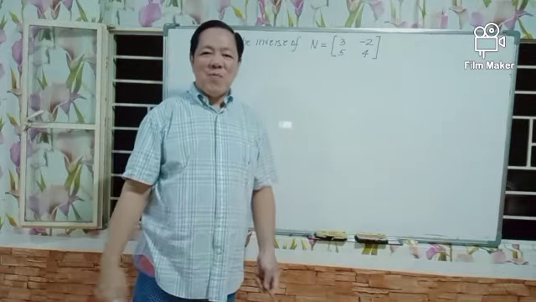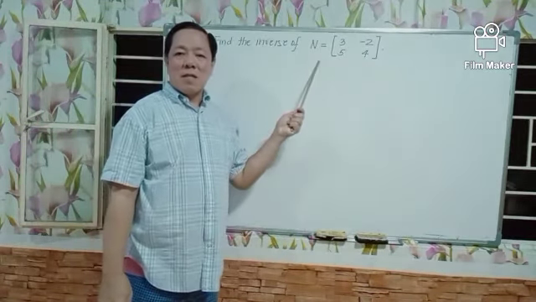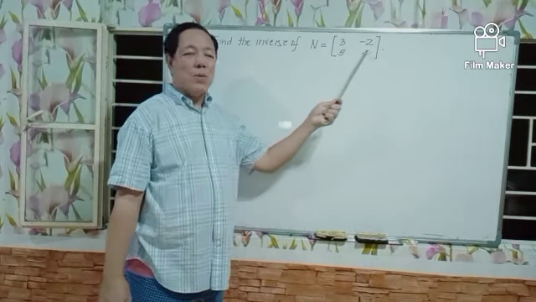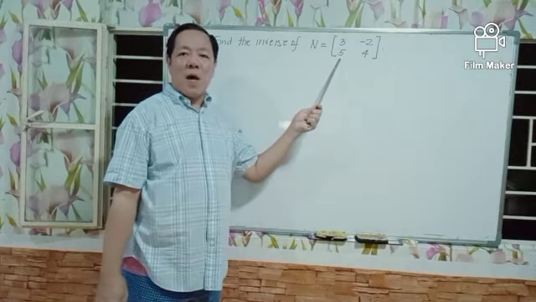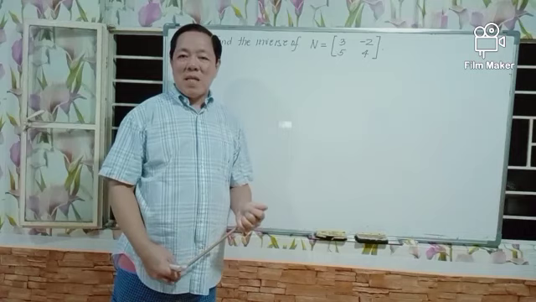For our first example, we find the inverse of matrix N. It's a 2 by 2 matrix with entries in the first row 3, negative 2, and entries in the second row 5, positive 4. The first step is we write the matrix of this form.